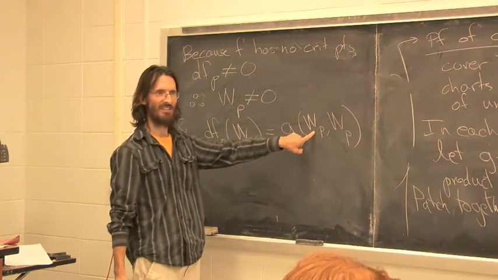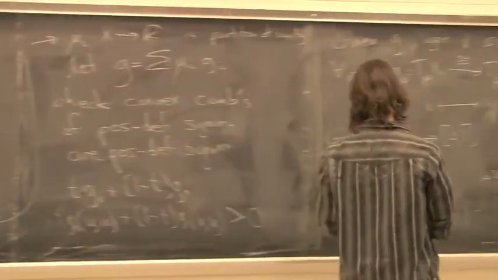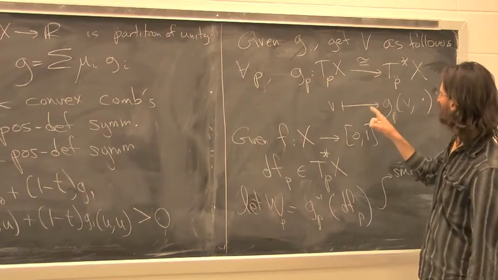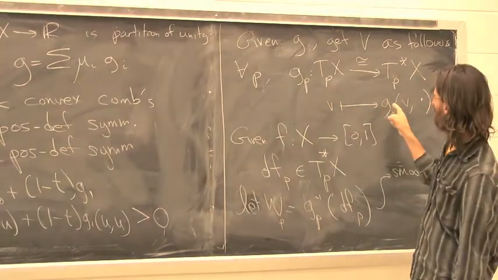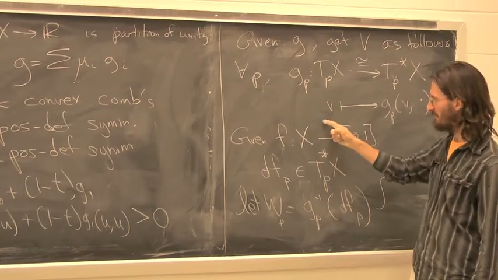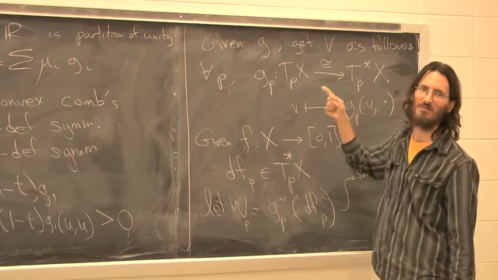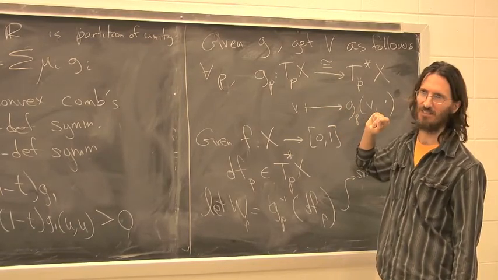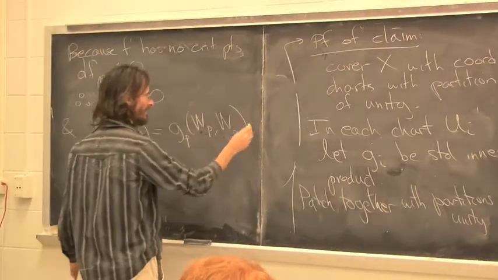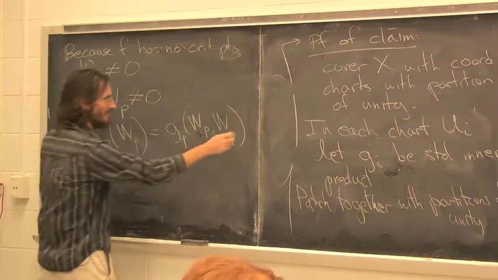G_p of w_p. G of w, right, w is mapped to g of w comma something, as a one-form. And if w is mapped to the one-form df, then df of w is g of w, w. That's all it is. And the fact that this is positive definite and this is non-zero means that this is positive.